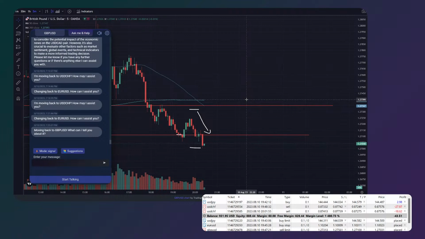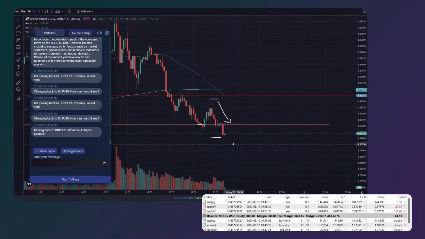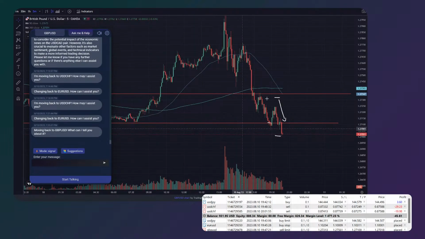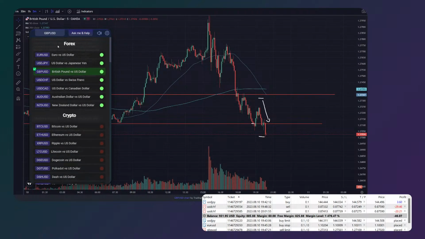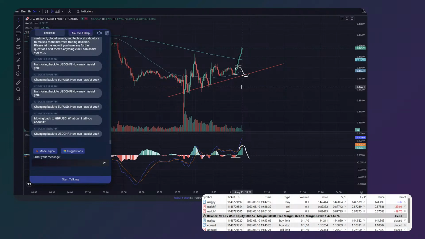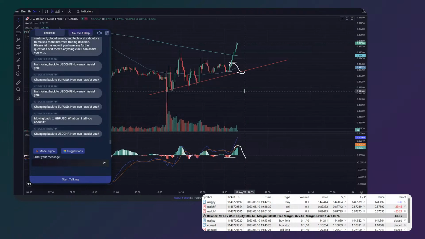All right, now it seems that the moving averages here are crossing. What about the Swiss franc here again? They're coming together, but this line is running away from it.